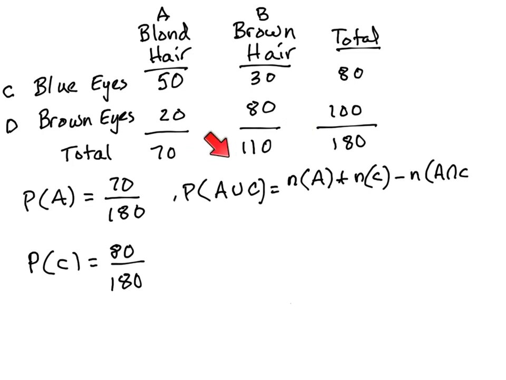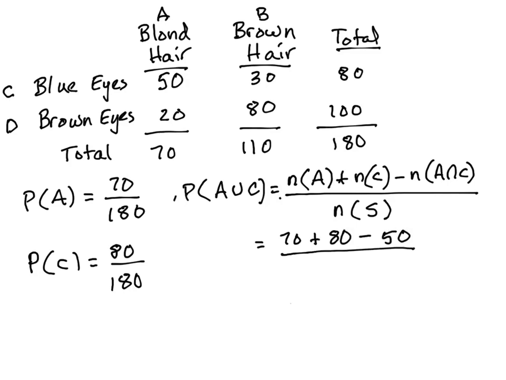And if we want to find the union of these two, the probability of choosing somebody from this group that has either blonde hair or blue eyes, that would be our familiar formula for unions and intersections, divided by the number of people in the sample space, so that's 180.